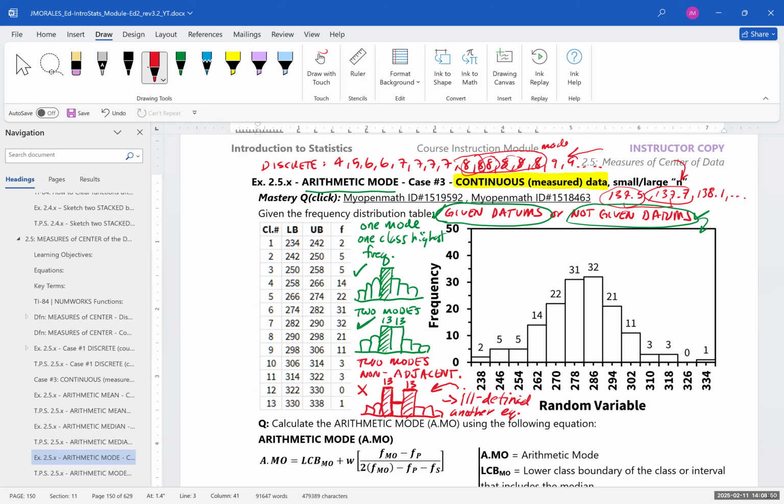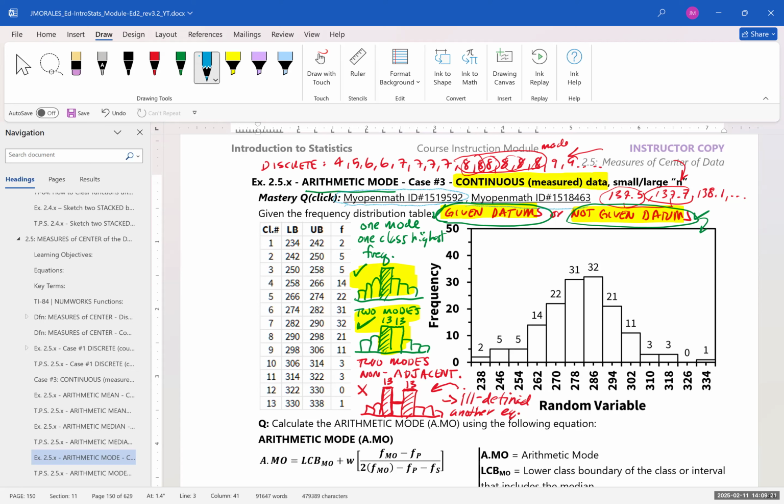Okay, so I want to be clear that the arithmetic mode, again, is to be used whether you're given the datums or not, and when you're dealing with one mode or two modes that are adjacent to each other. That's when you want to use this equation. All right, so having said that, I also want to point out that there are these links, as I've talked about before.